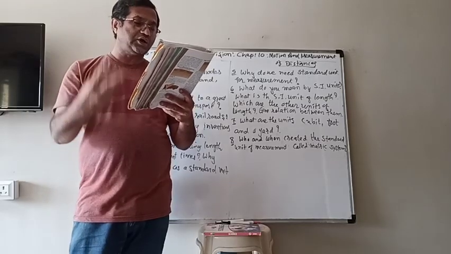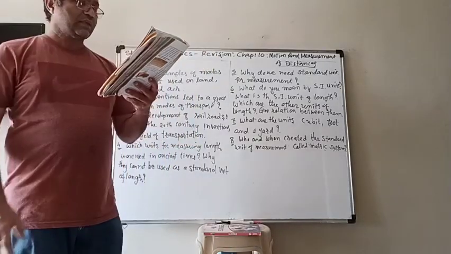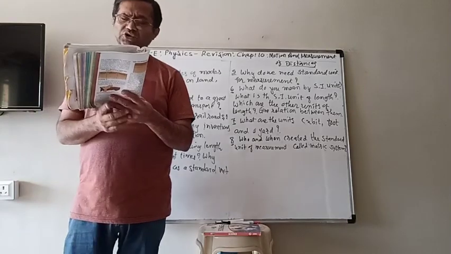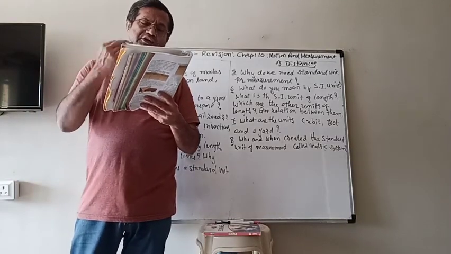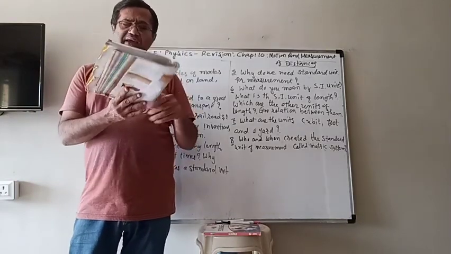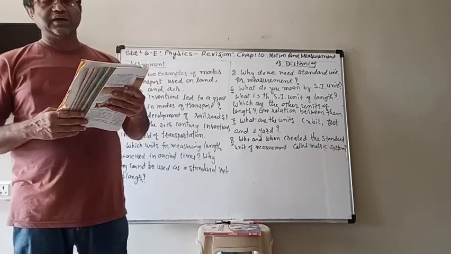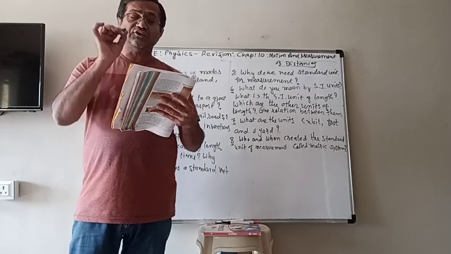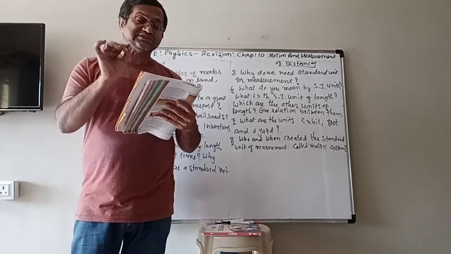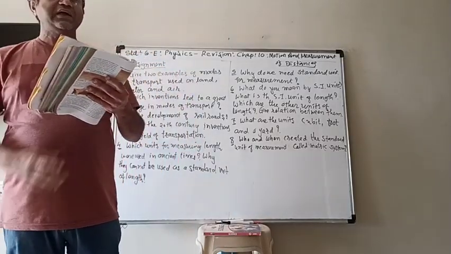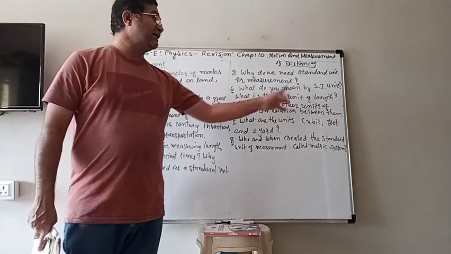Similarly, mutti, anguli, etc. are also different body parts that were used as units of length. And I told you that they have different sizes, so in 1790, the French created a standard unit of measurement known as the metric system.